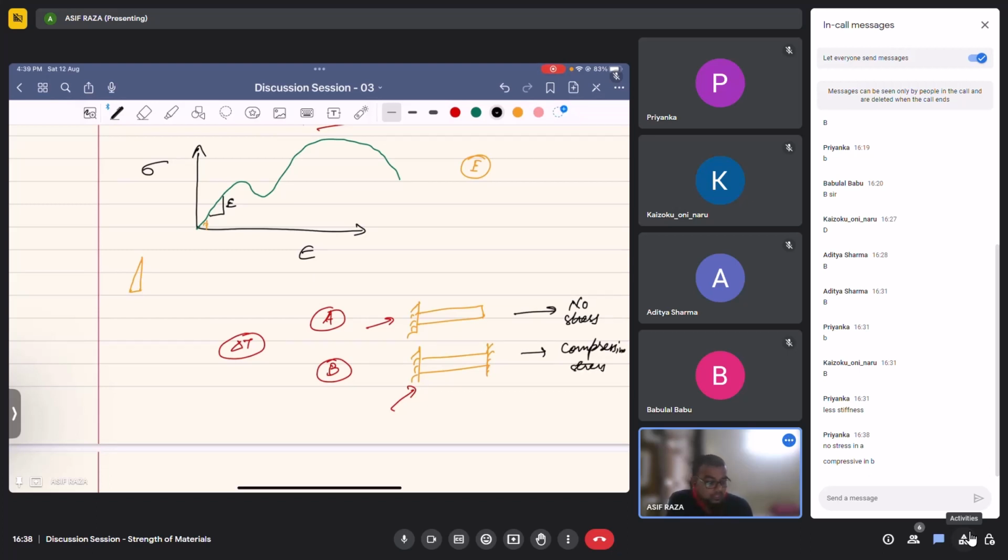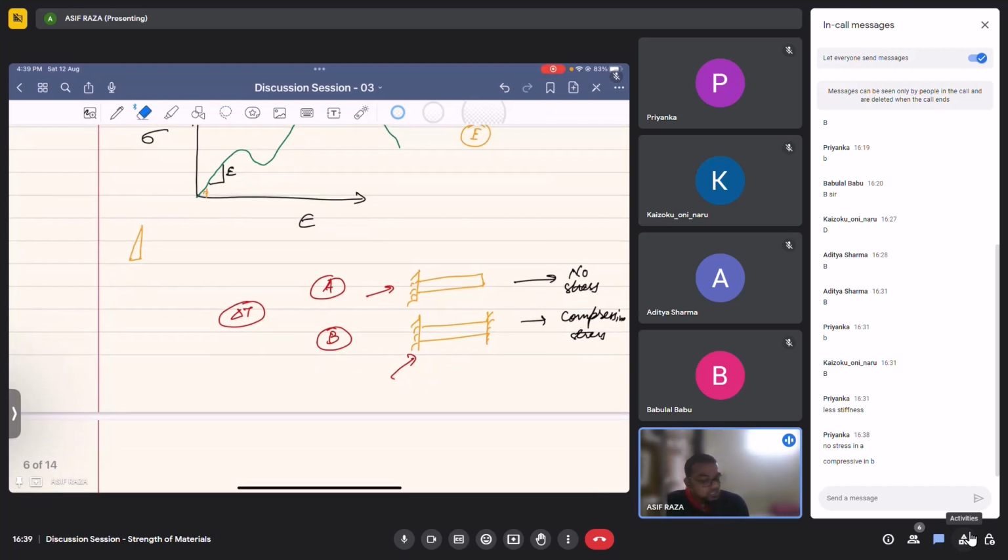Here the body is deforming, but it won't attain its original configuration unless the temperature is restored. We are digressing from the original discussion, but it's okay. Since system A is allowed to expand freely, no stress would develop, while in system B we are restricting it from expanding, so the body will generate compressive stress.